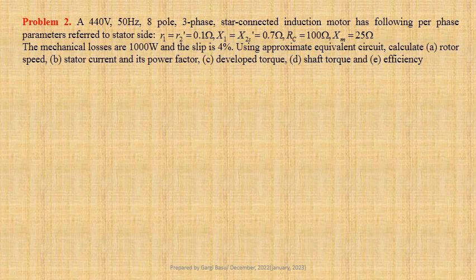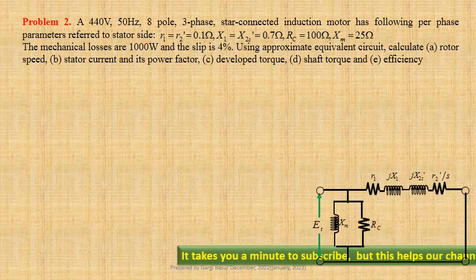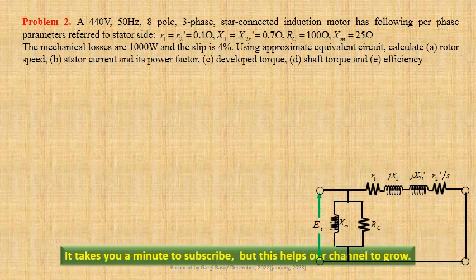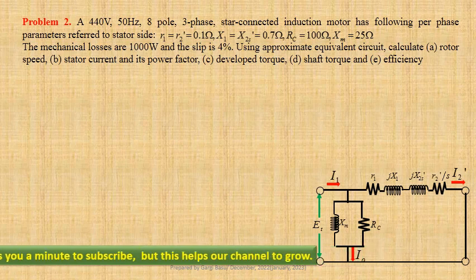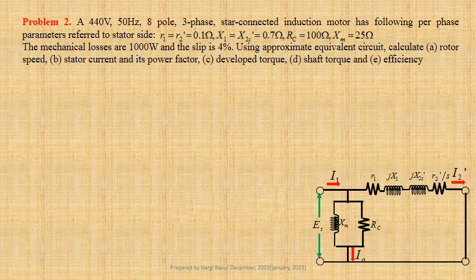The mechanical losses are 1000 watts and the slip is 4%. Using approximate equivalent circuit, we have to calculate rotor speed, stator current and its power factor, developed torque, shaft torque and efficiency. Let us first write down the given data.